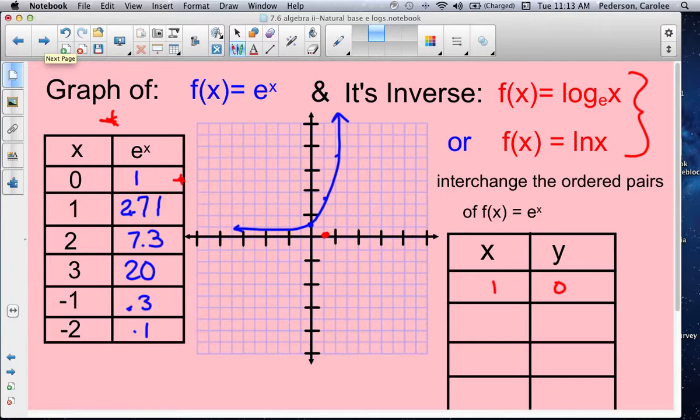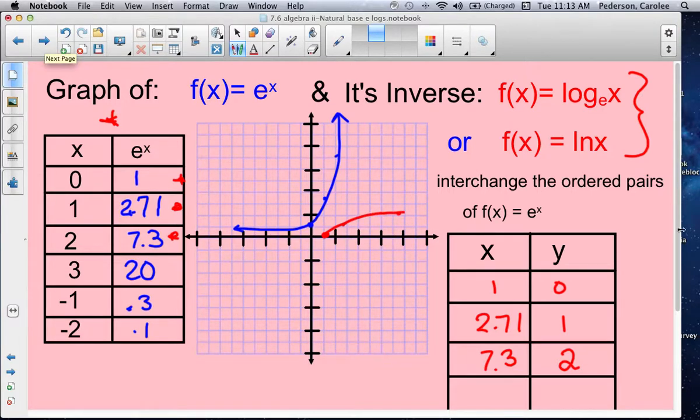Then the next ordered pair, when you interchange it, instead of 1, 2.71, it'll be over 2.7, up 1. Then the next ordered pair, as we interchange it, will be 7.3, and then up 2. So over 7.3, and then up 2.